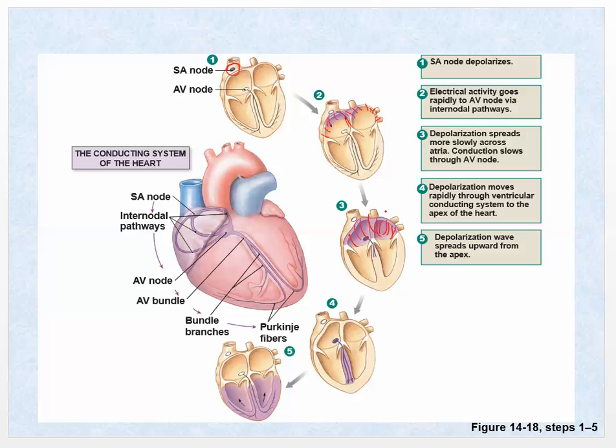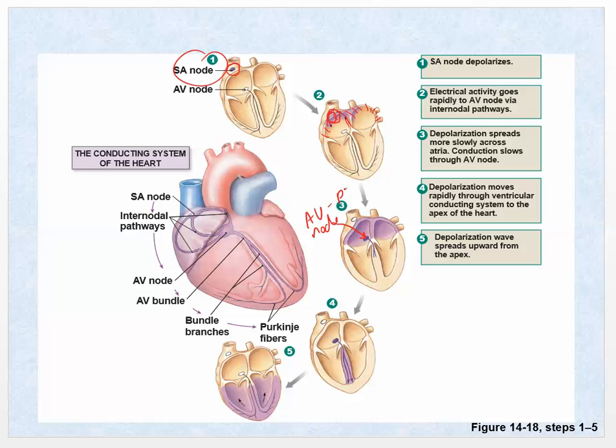We call the contraction part of that systole. And then you have a pause. Here, this is the SA node that sits up here, that was activated initially. This is the AV node.